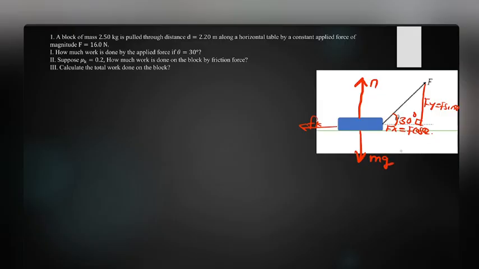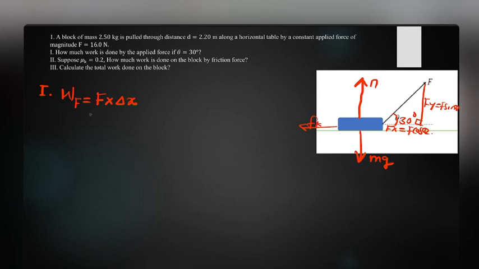To calculate the work done by the applied force, we know that work is being done along the x. So we're going to say the work done by the applied force will be equal to what? It will be equal to the force being applied multiplied by the change in displacement.